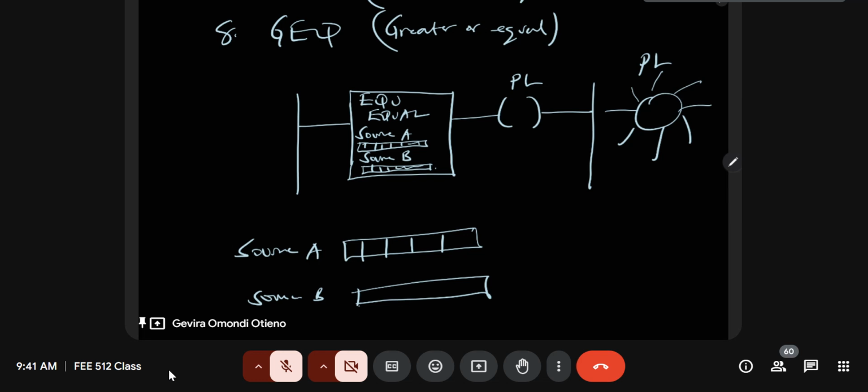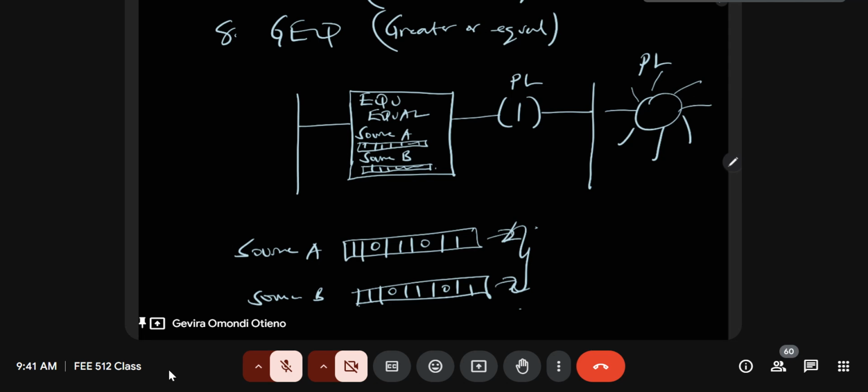No, even if I use 5, if I have 1 0 1 0 1, 1 0 1 0 1. So whatever this is equivalent in its decimal must be equal to what this is in decimal. So if these two, source A and source B, are equal, then the output is given a logic high and the lamp will light up.